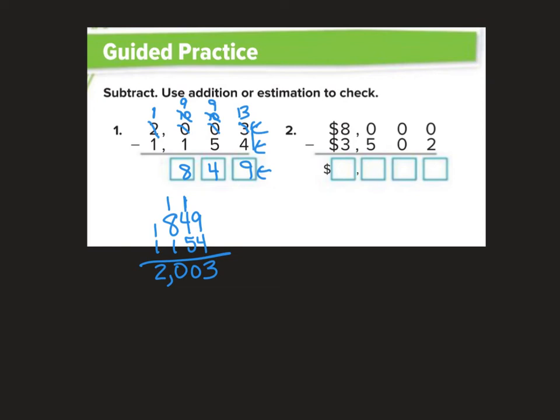Here we go. Let's check number 2. Look at this. I've got 0, 0, 0. Okay, let's go to the 8,000. I'm going to ungroup it. Now I have 10 hundreds. Let's ungroup our 10 hundreds to give us 10 tens. And let's do another trade here.